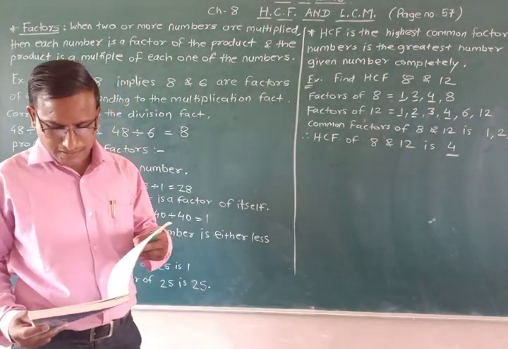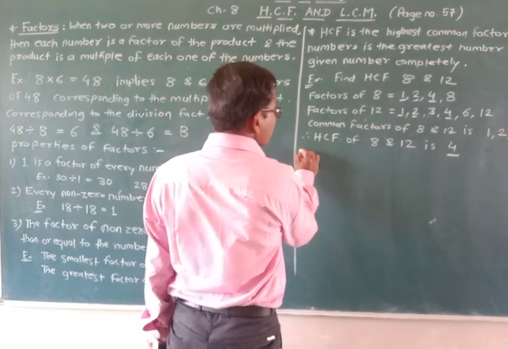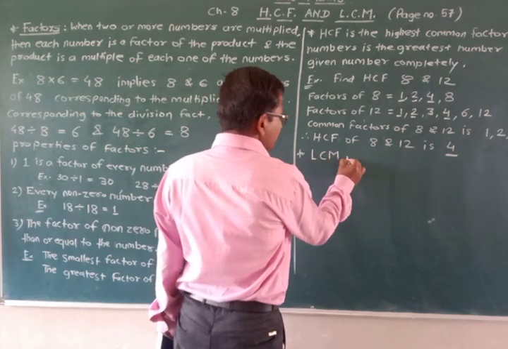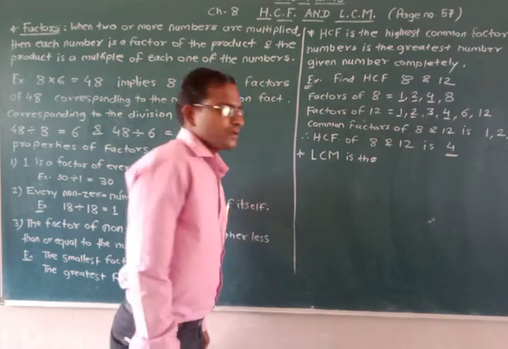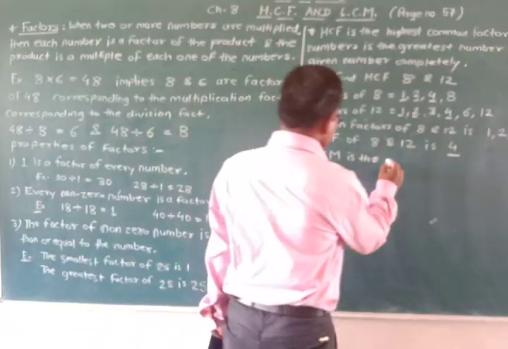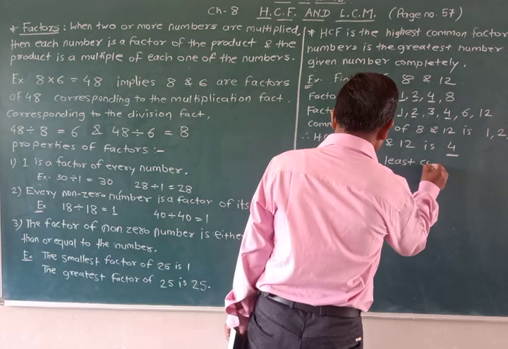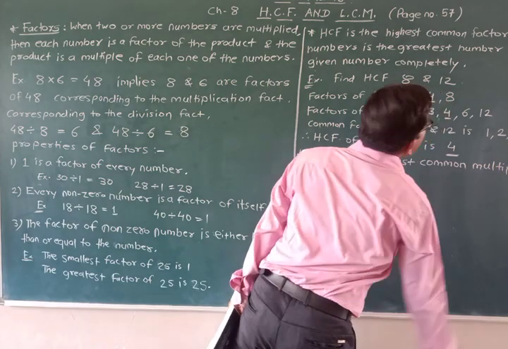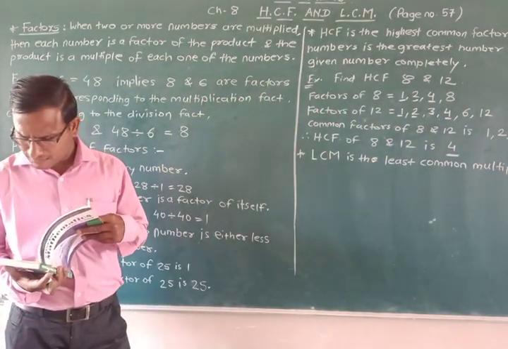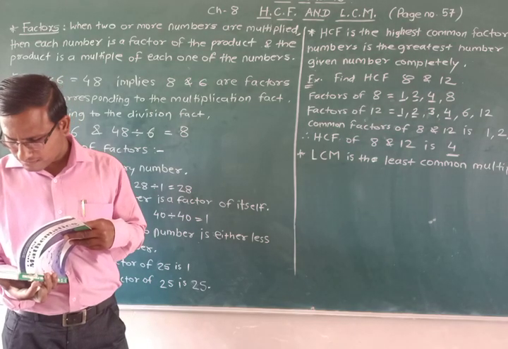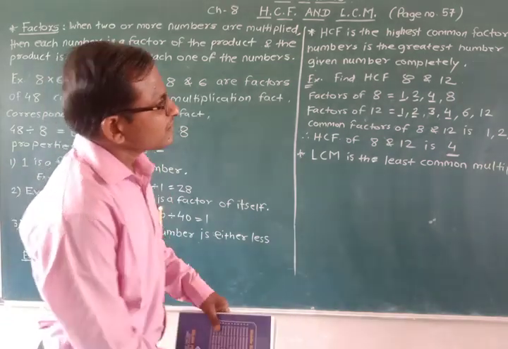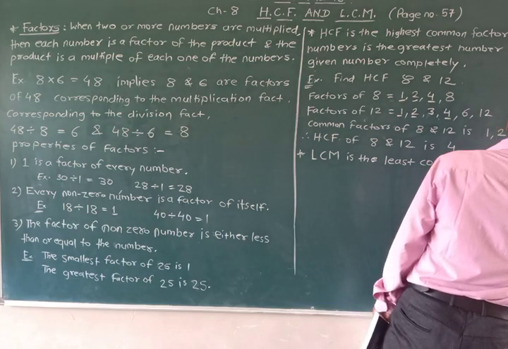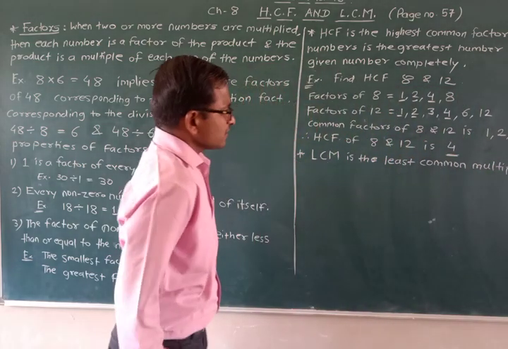Next we see LCM. LCM is the least common multiple of two or more numbers.